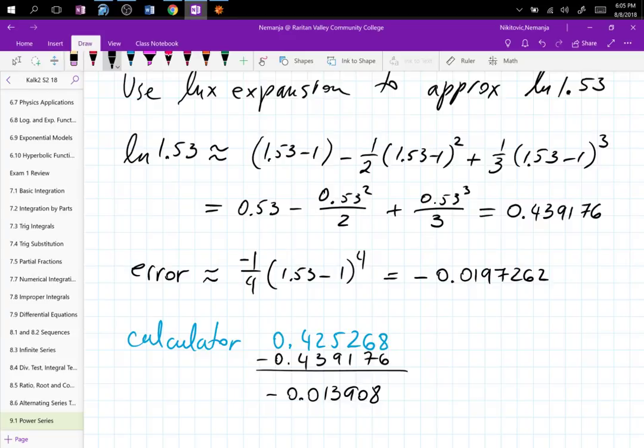Even though I'm throwing away infinity of the terms, I threw off infinity of the terms to get this answer, which is already pretty good because I am 1 cent off. I'm 1 cent off if I just keep the first 3. If I keep the first 4 or 5 or 6, this gets better.